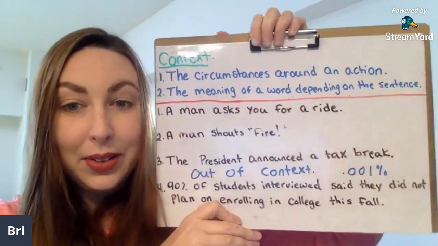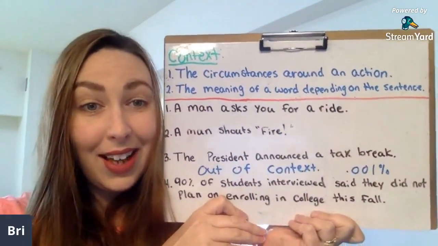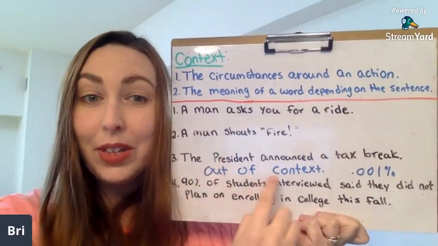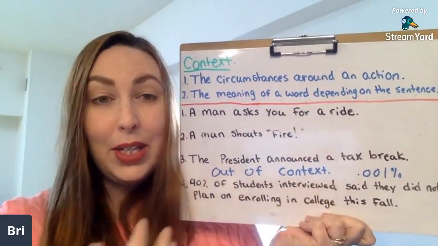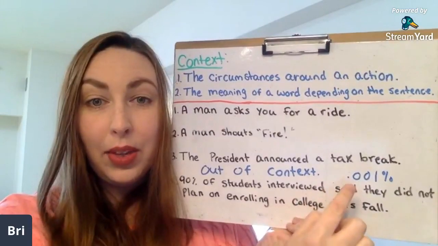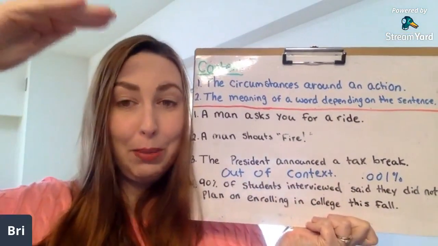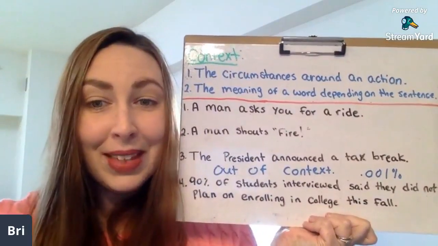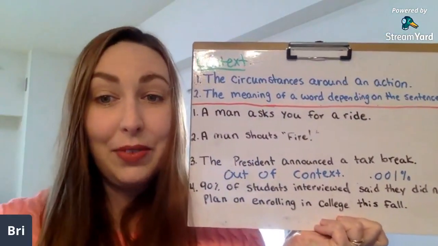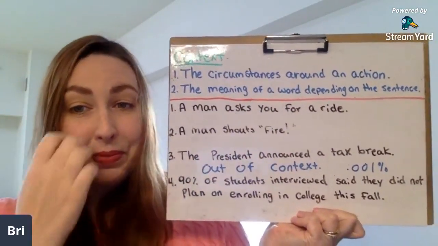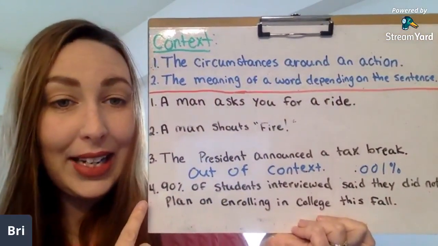Wow, that's great news. But depending on the context, if this was taken out of context, we don't know. It's actually only for the 0.001% top richest people. Okay? Yes, things are out of context. Very good. Okay. Then let's look at number 4.